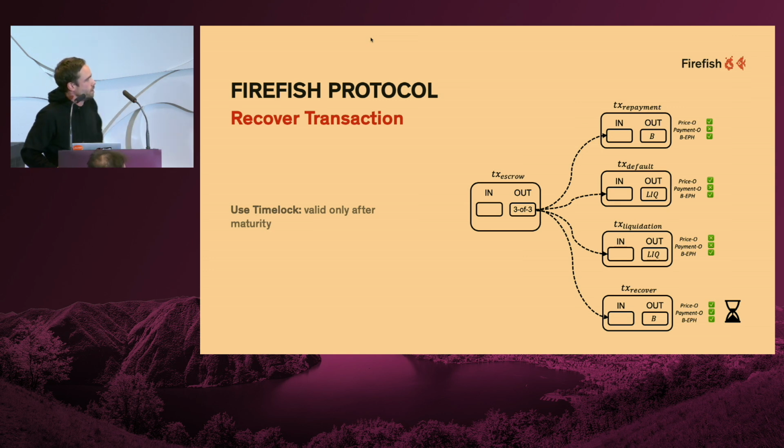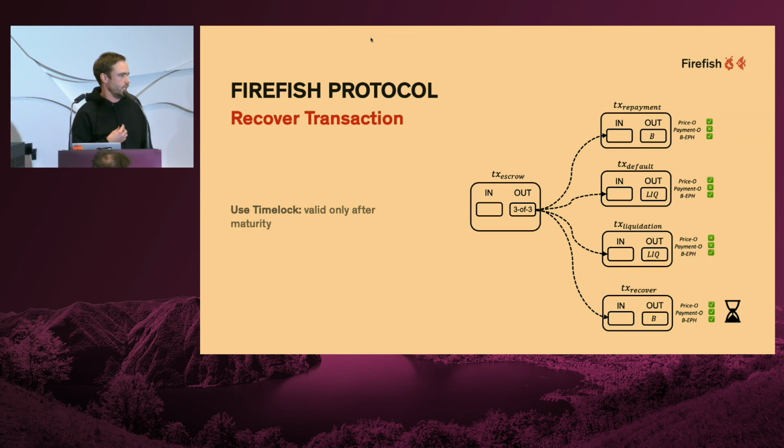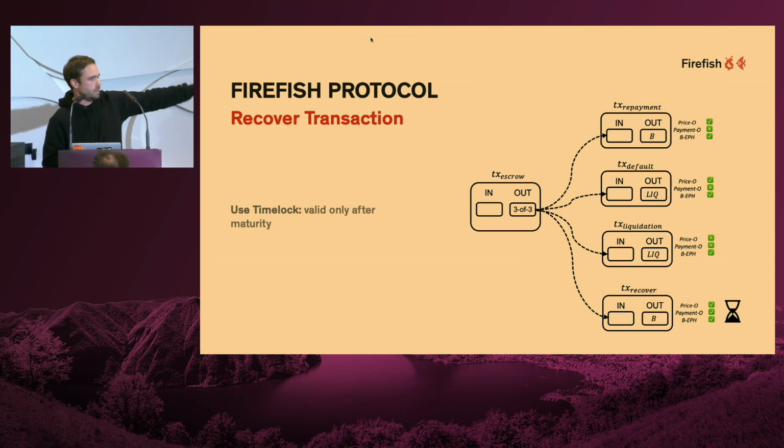What we realized is that in a practical world, this is going to be quite a complex thing to create upfront, because what we want as a borrower who funds these transactions is for all of them to be prepared before you do any action, because you want to be sure that if something happens, you can still spend your Bitcoin. You want to see the recovery transaction upfront.